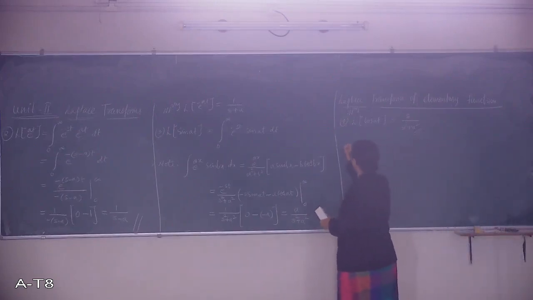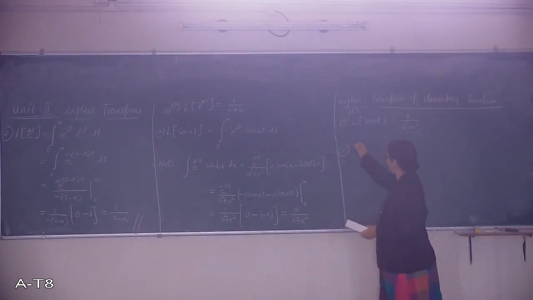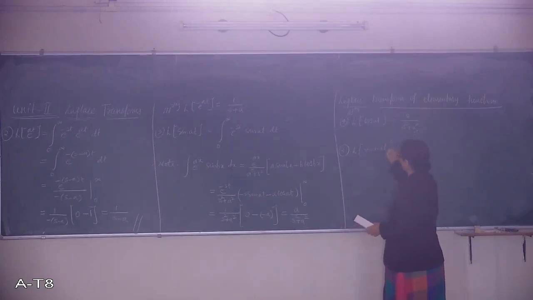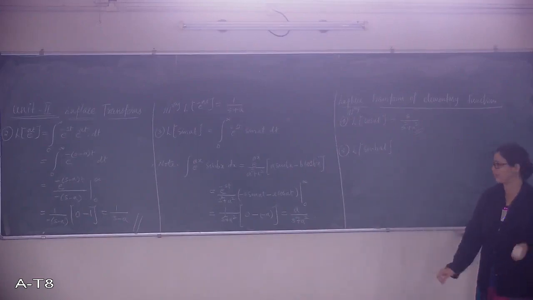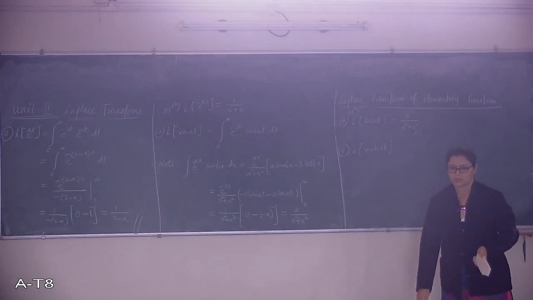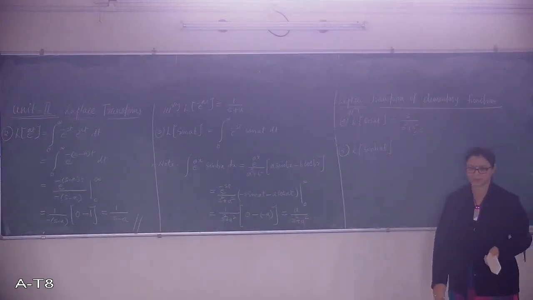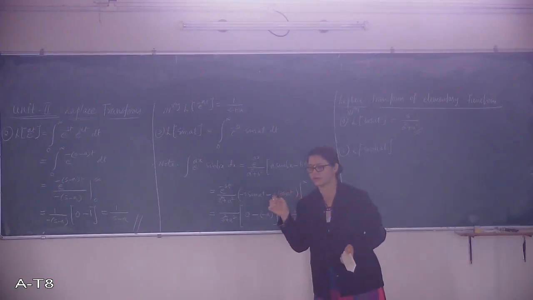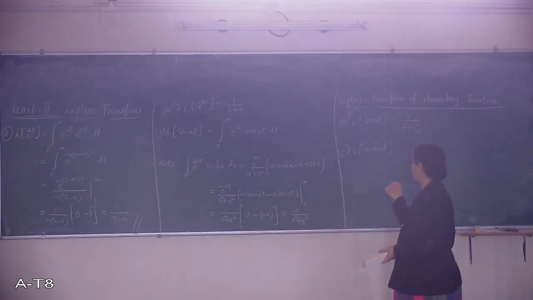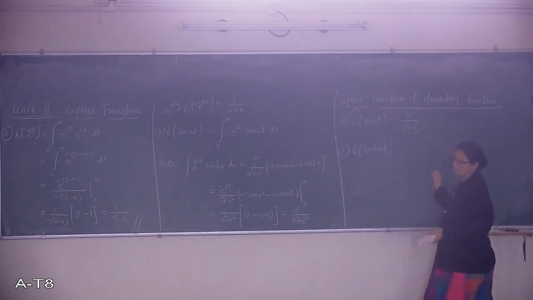Next, what is the Laplace transform of sine hyperbolic of at? Now here we have a hyperbolic function, so it will be different. If you apply the definition here, inside the integral you have the integrand e to the power minus st into sine hyperbolic at, which will be tedious to simplify.